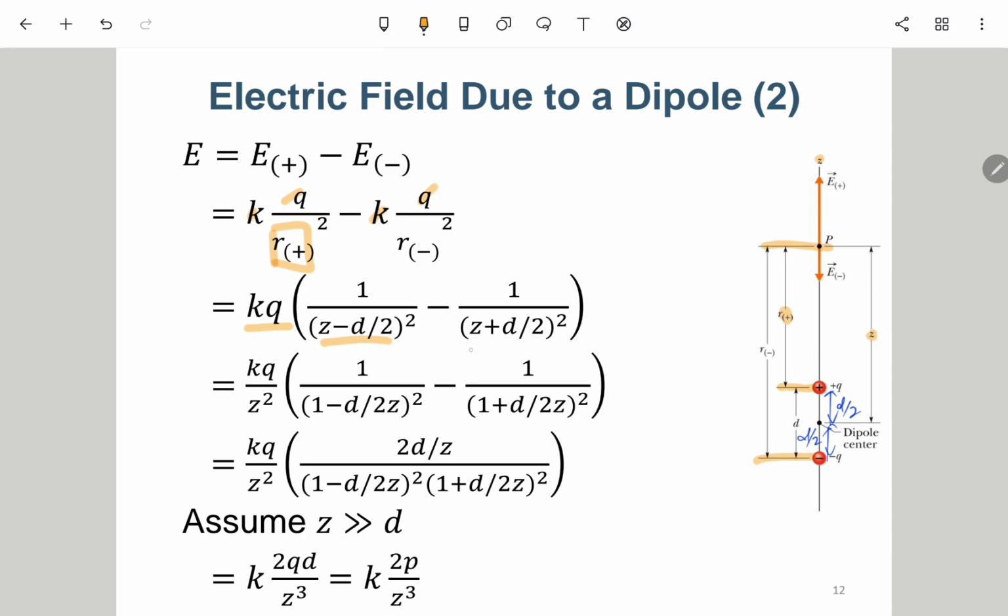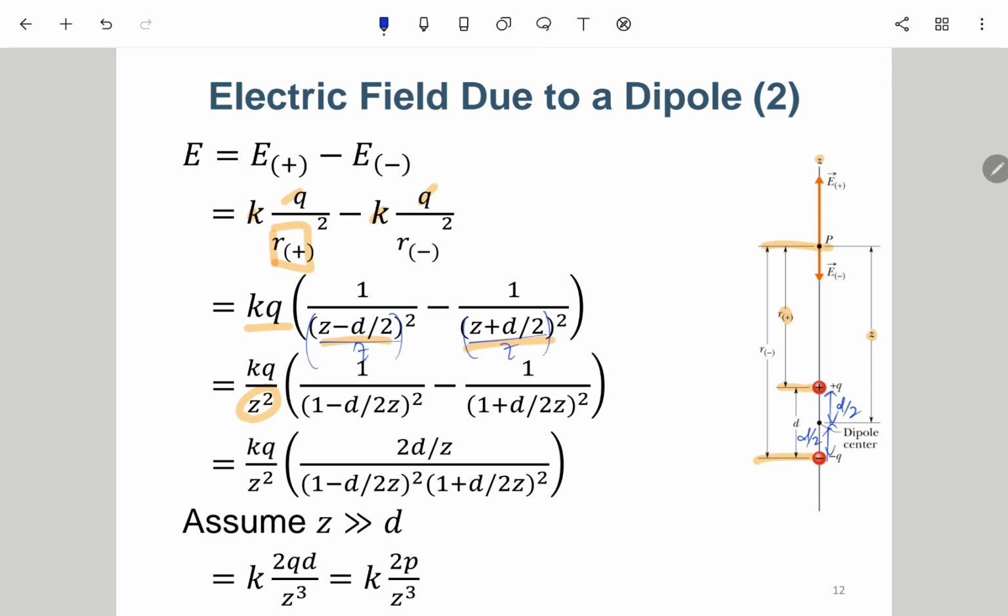Here we also try to factor out z. Since this z is inside the square, when we factor it out we will have z squared outside, and we divide each term by z.